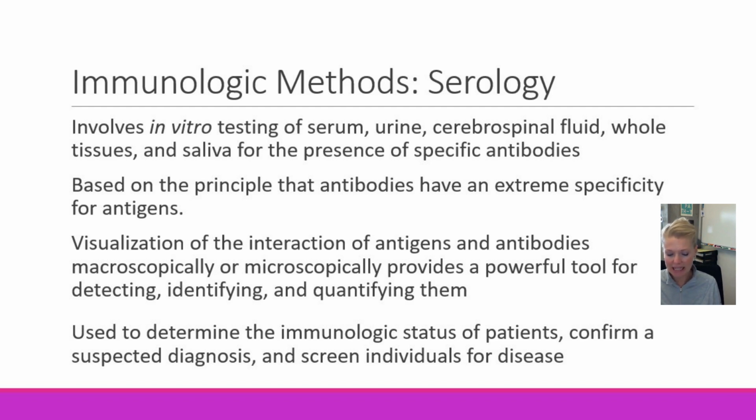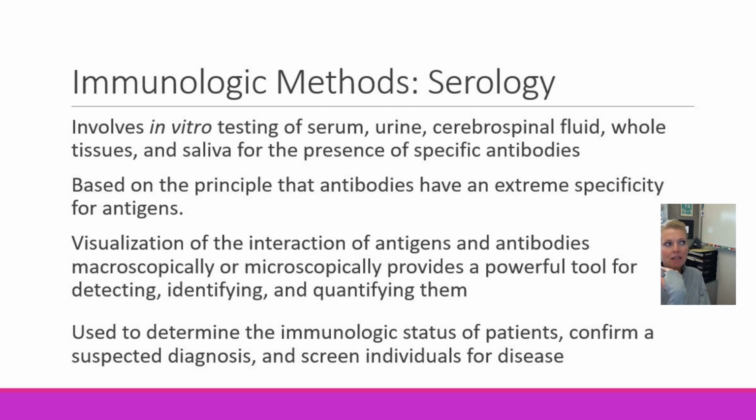The idea behind this, or it could be antigen as well, is that antibodies are produced by the human immune system, and they're proteins that have an ultra-specific antigen that they recognize.